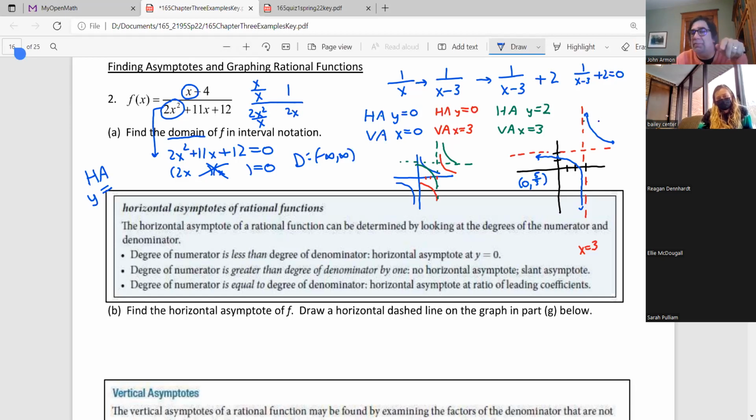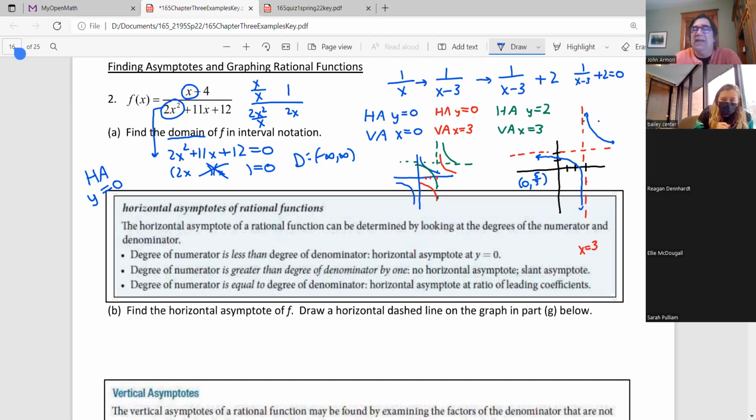So what that means is as x gets bigger, the number in the denominator is getting bigger at a faster rate than the numerator. So it's kind of like 1 over x. So 1 over x, what happens as x gets bigger? Outputs approach 0. So one generalization we're going to make, and it's kind of explained down here: check out the degrees of the numerator and the denominator. Just compare them.